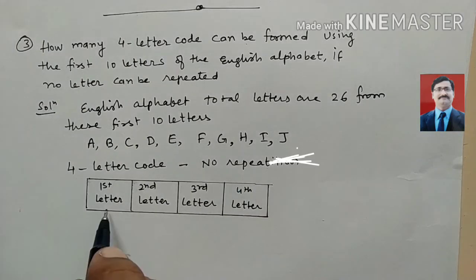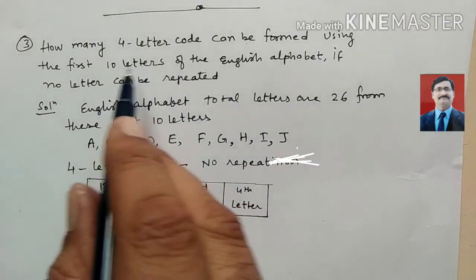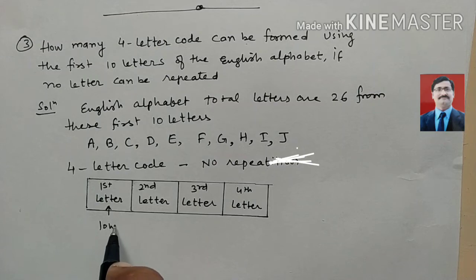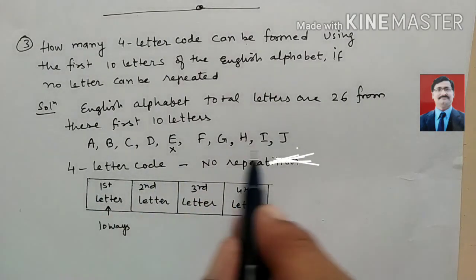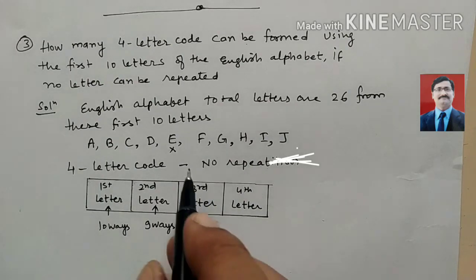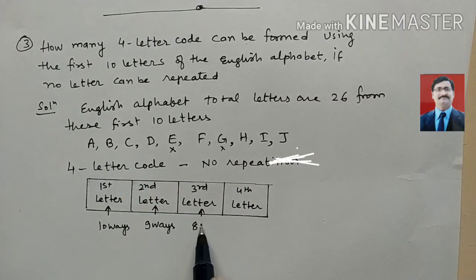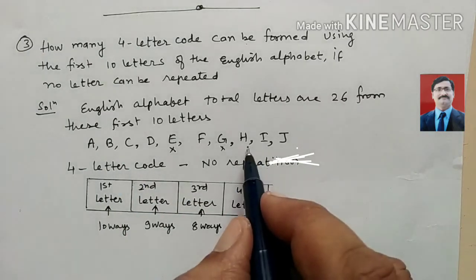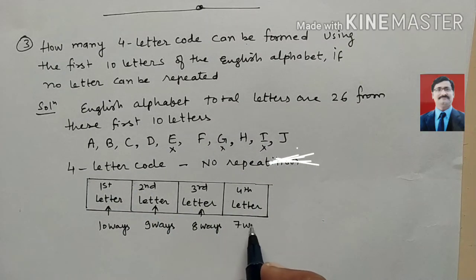The first place can be filled by 10 ways. Okay, and if you select any letter, suppose you select E, then remaining are 9 ways. And if you select G, then remaining are 8 ways. And if you select I, then remaining are 7 ways.